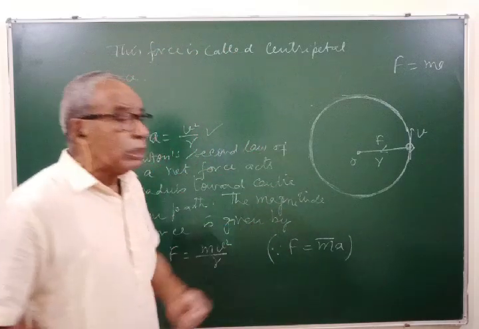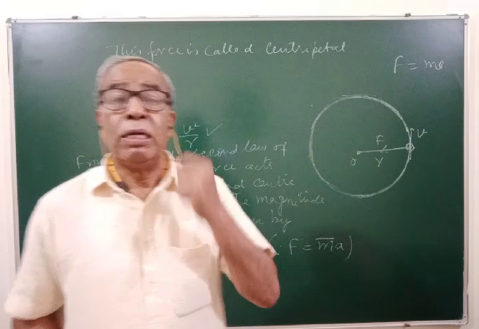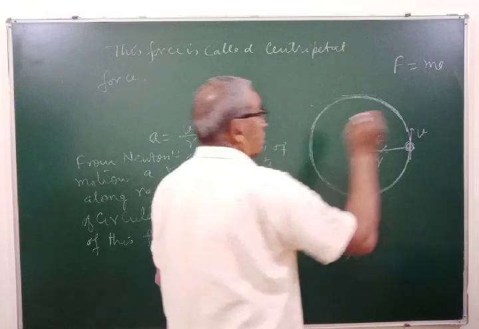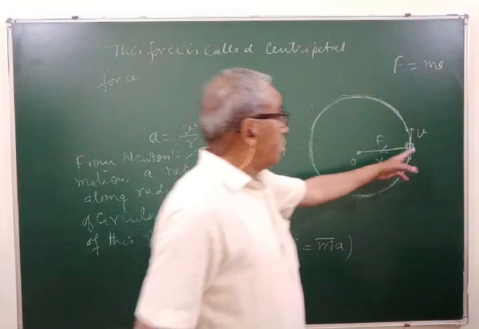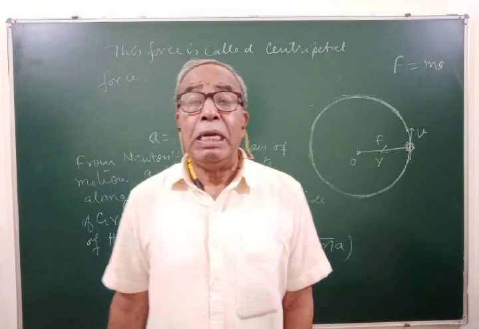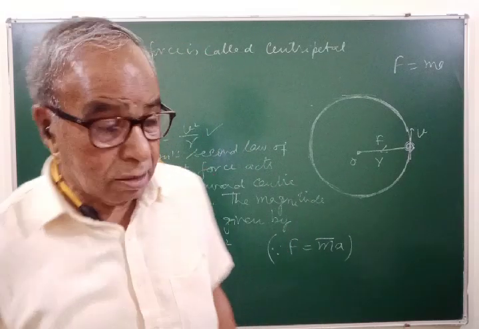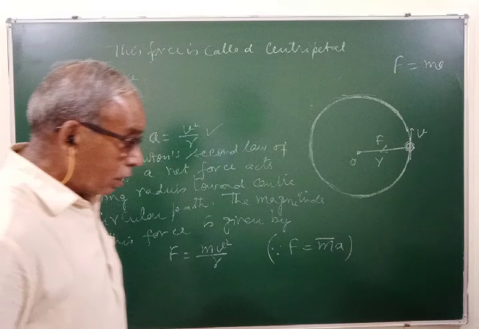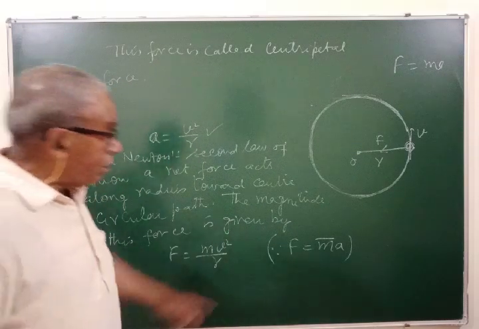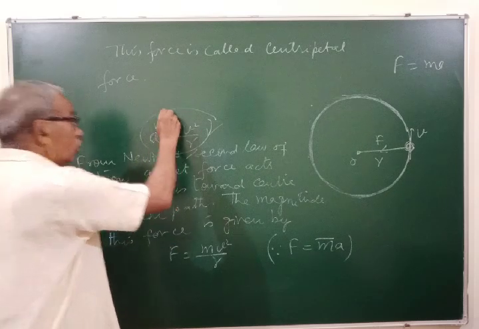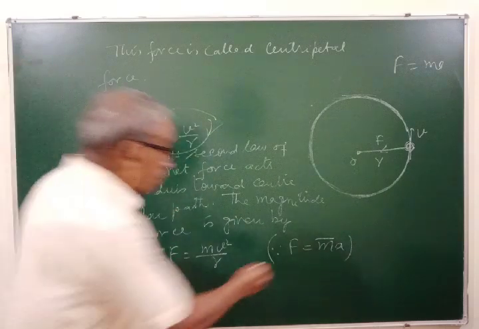So central force is a required force here. If this body is moving on a circular path, then this body needs a central force. Who will apply it, that is another factor. But the central force is not produced because of centripetal acceleration. This acceleration has to be produced by this force.